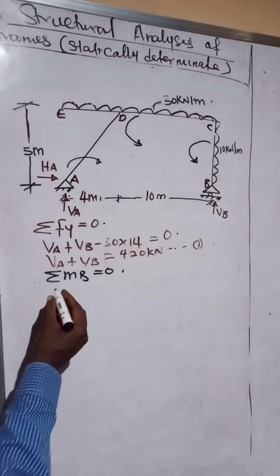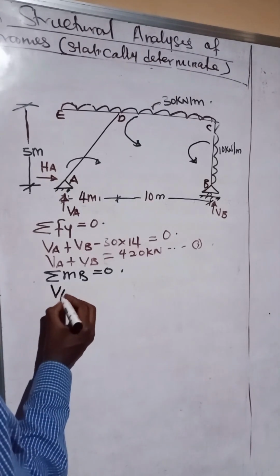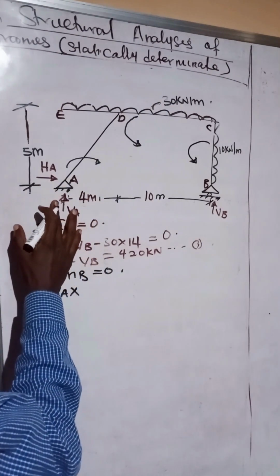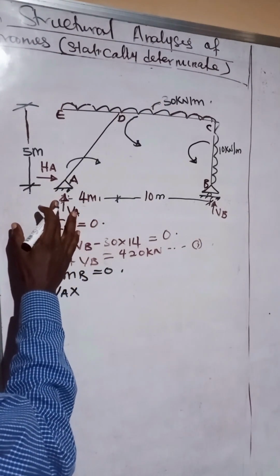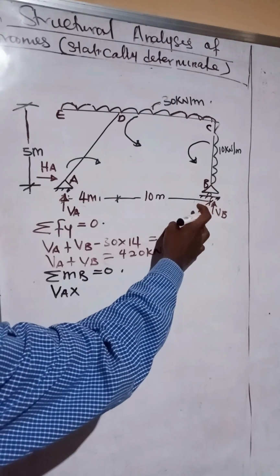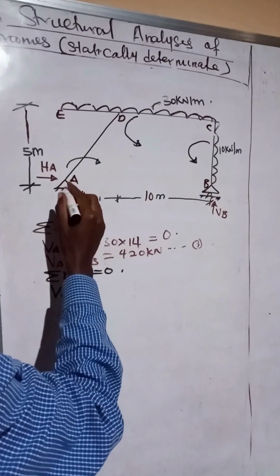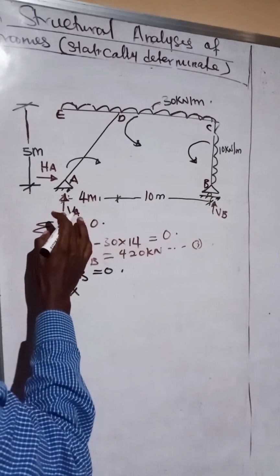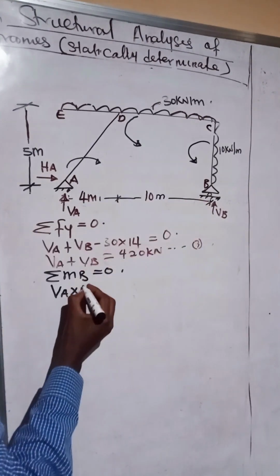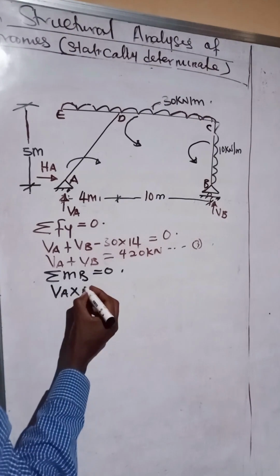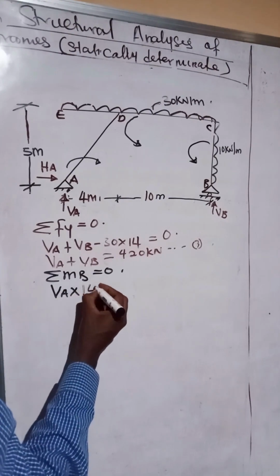If we do that, we will have VA times the reaction times the perpendicular distance of the point of action of the force. This is VA, this is our point B. So taking moment about point B will give us VA times the perpendicular distance to B, which is 14.